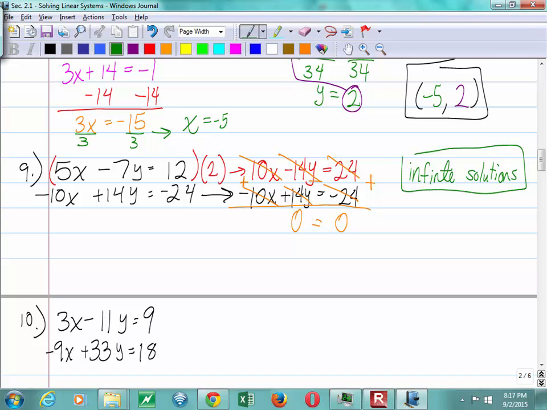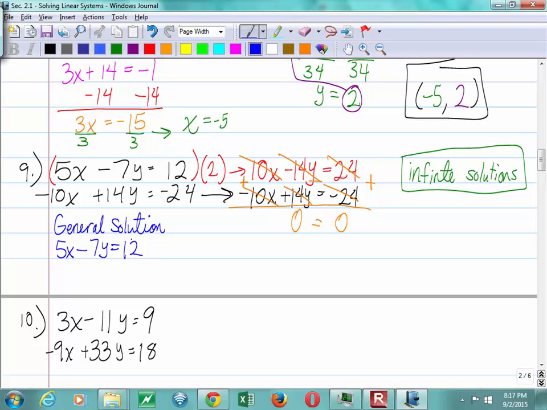Okay, now when you're doing your homework on the computer, they're going to want you to write down a general solution. Okay, so to do that, we're going to take one of our equations and get one of our variables by itself.